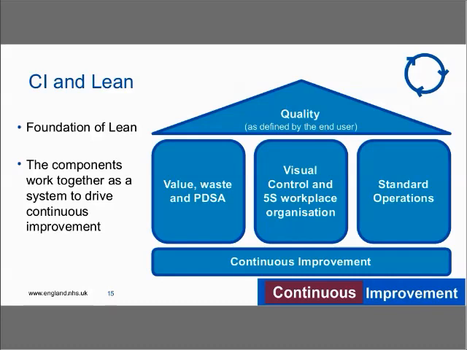So we start, I think, on June the 5th, where we'll be looking at value, waste, and the plan-do-study-act cycle. We'll be looking in more detail at visual control and 5S workplace organisation the week after that, and then this idea that Claire mentioned about how we can create work standards that help improvement to stick will be how we close out. They sit on a foundation of continuous improvement and build up to deliver better quality.